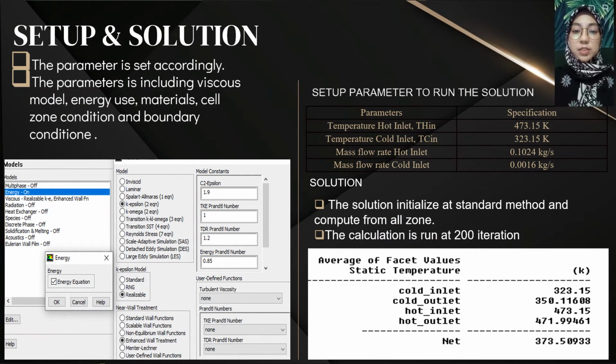For setup and solution, in the setup step, the parameters of the waste heat recovery device are set. The parameters include the viscous model and energy, set as shown in the left figure.